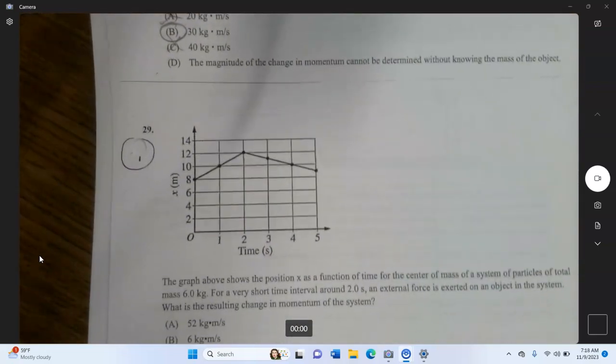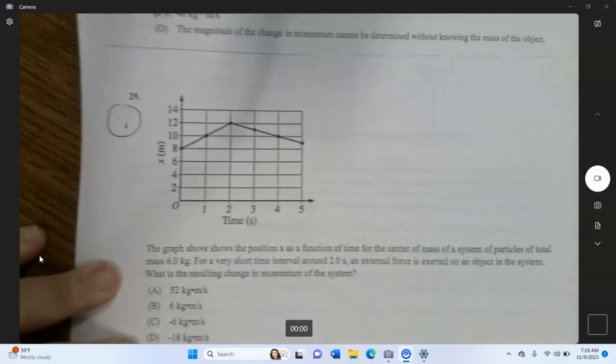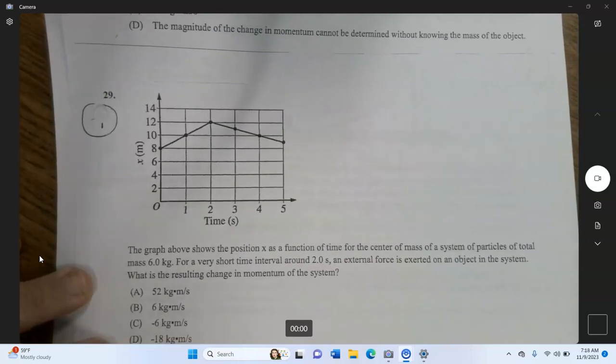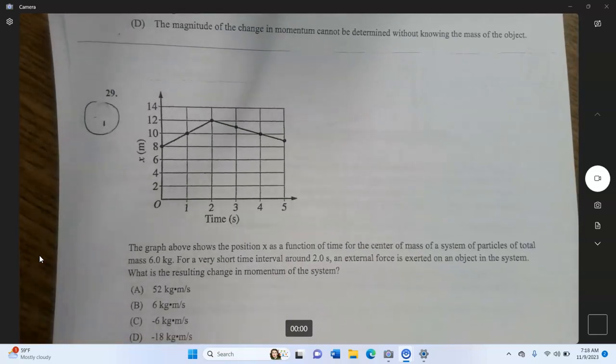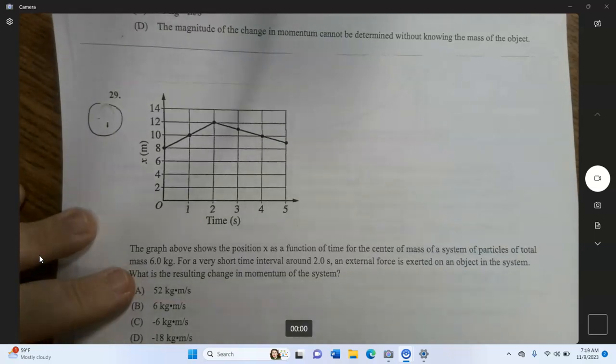All right, next one. The graph above shows the position X as a function of time for the center of mass of a system of particles. Okay, again, if you've got a system of particles, just think of them as one big massive particle, one giant block of mass. That's what they mean.